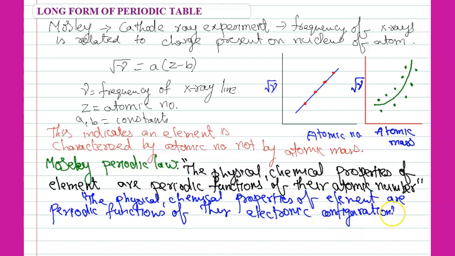So instead of atomic number, I wrote electronic configuration. Next we will discuss the main points of the long form periodic table.